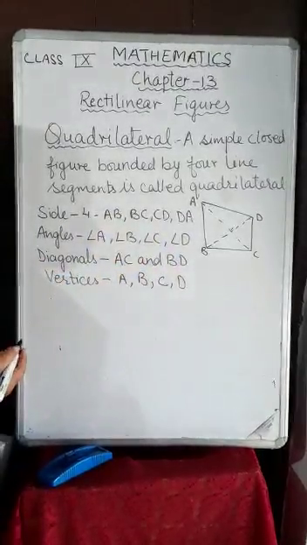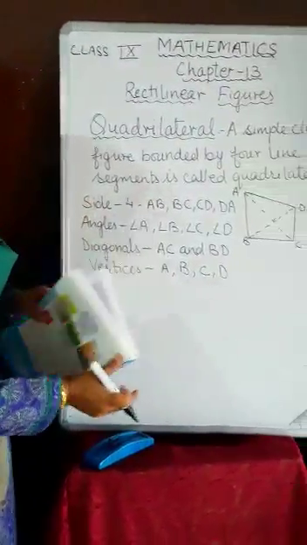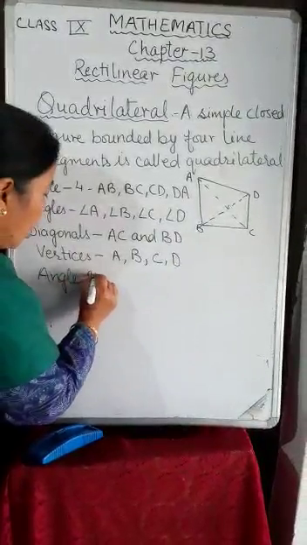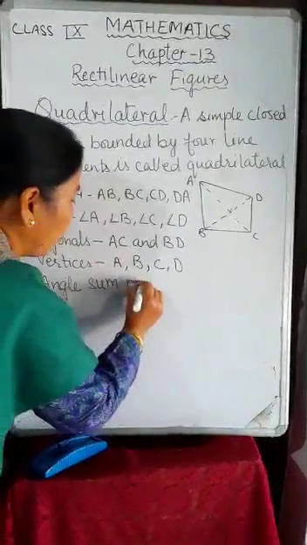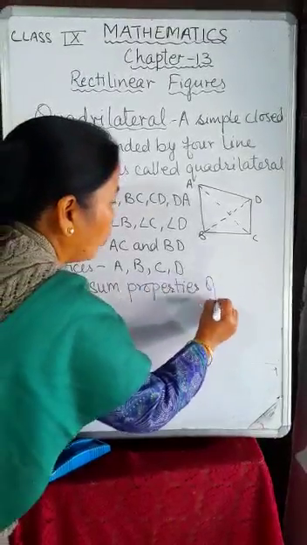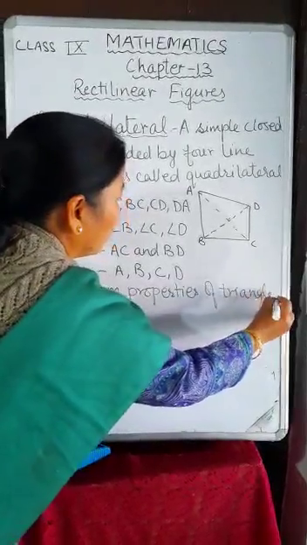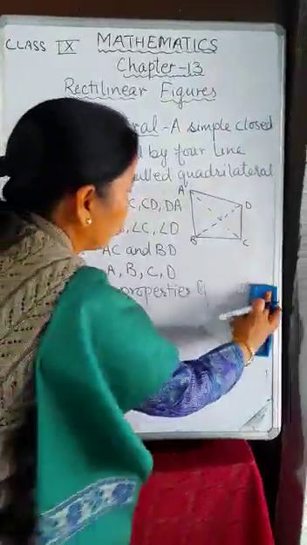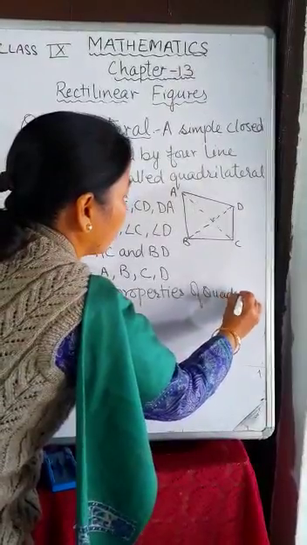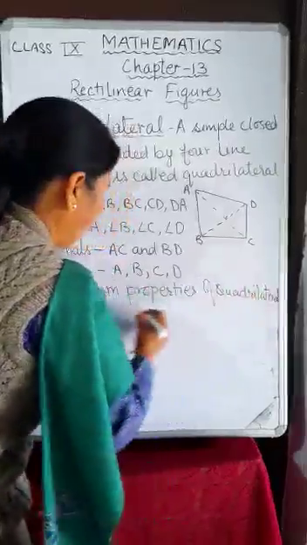Now we'll talk about the angle sum property of a quadrilateral. This is not a triangle, this is a quadrilateral.